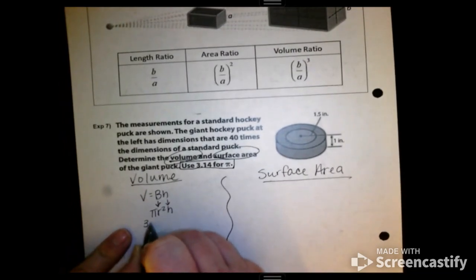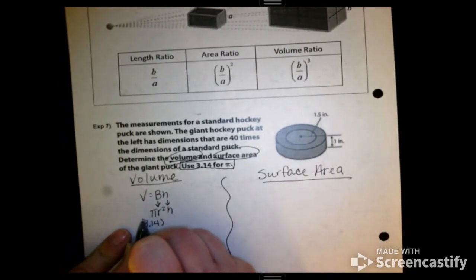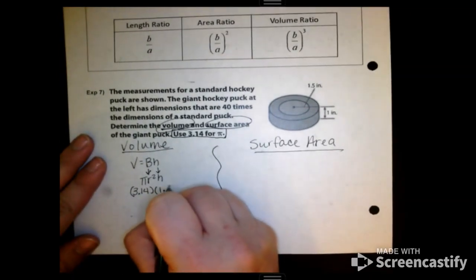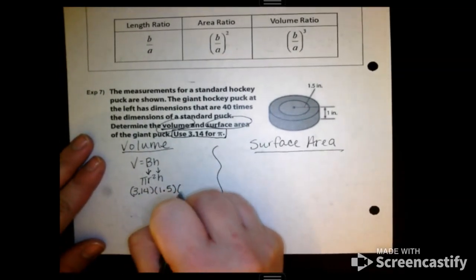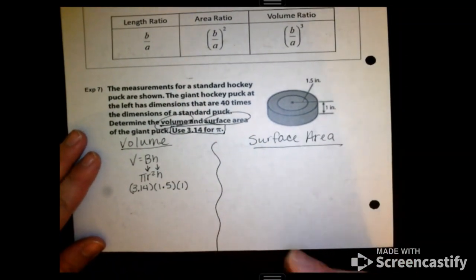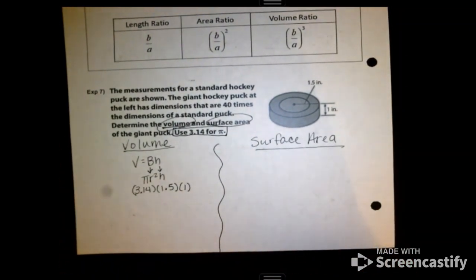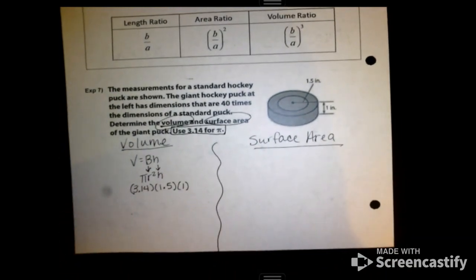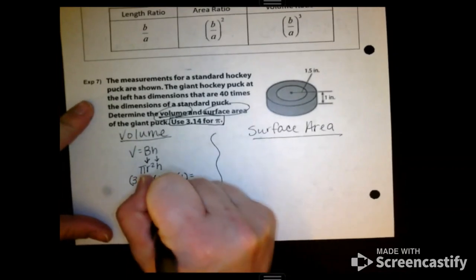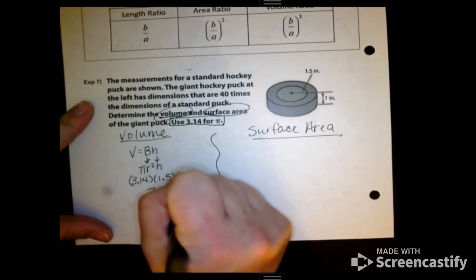So I'm going to do 3.14. What is my radius? 1.5. What's my height? 1. If I multiply something by 1, is it going to change anything? No. So 7.065. Okay.